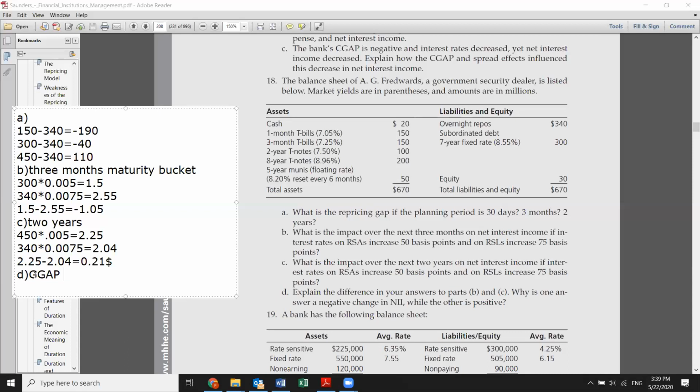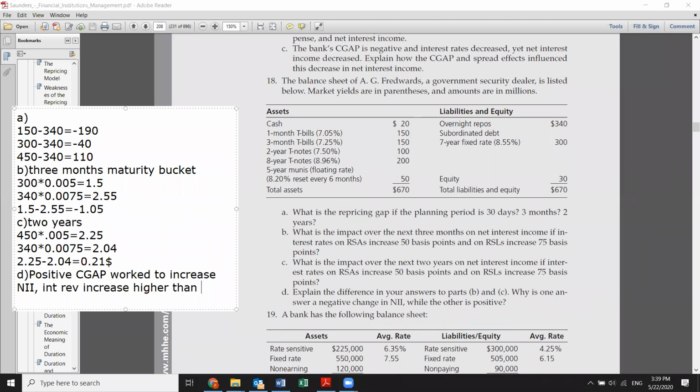A positive cumulative gap works to increase net interest income because interest revenue increases higher than interest expense.